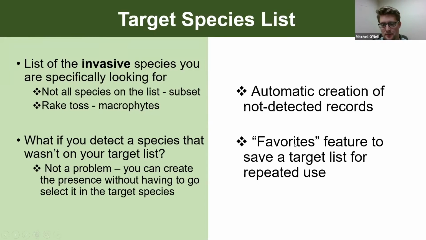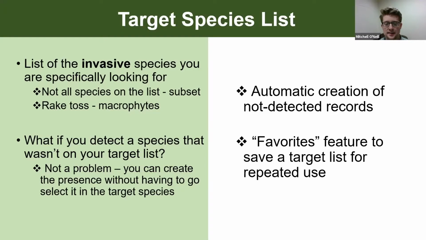And another way to leverage that is to use the favorites feature. So say you conduct 50 rake tosses in a day and you know that you're looking for just these 5 specific species in all of those rake tosses. You can set favorites so that those 5 species will just be automatically selected for every single one of your rake tosses.